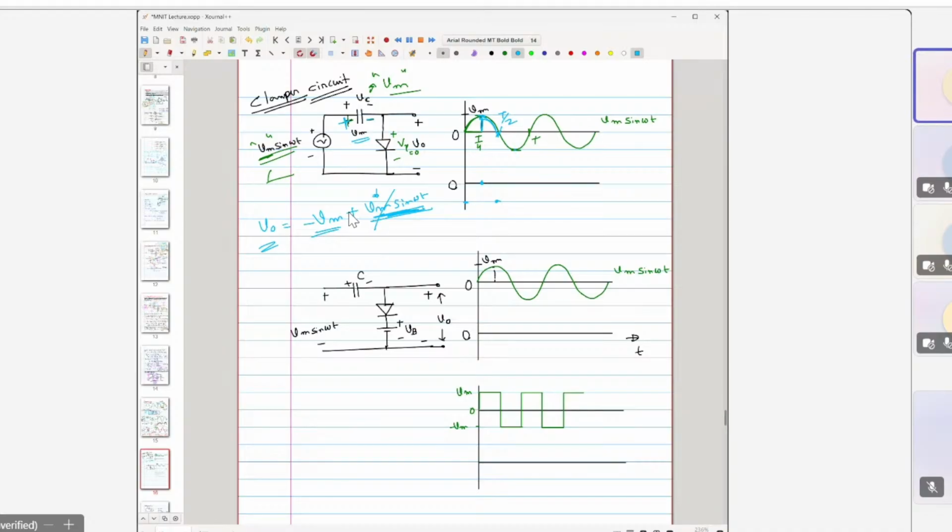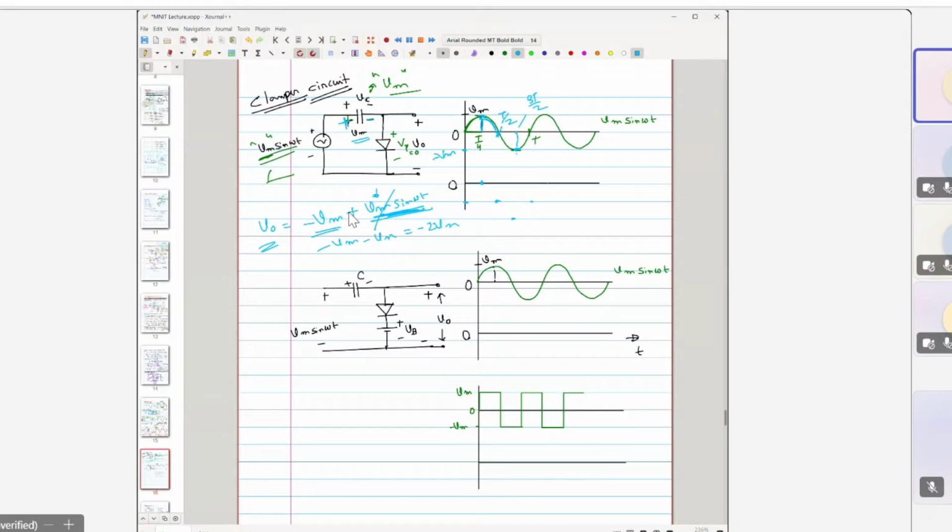Then at t equal to 3T by 2, here the amplitude is minus Vm, so it is minus 2 Vm, somewhere here. Then it will again follow; a similar analysis can be done.